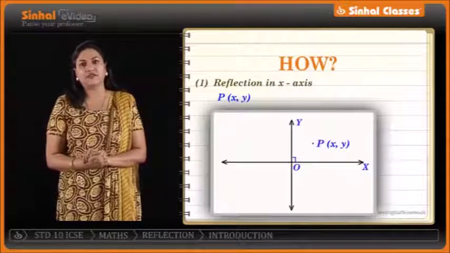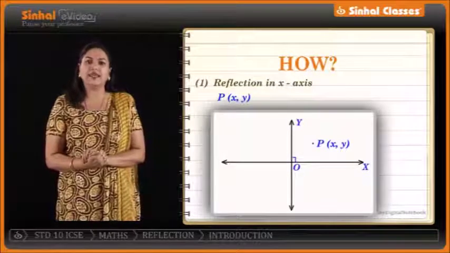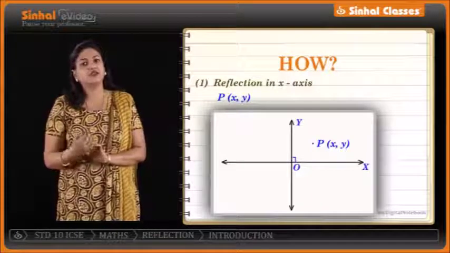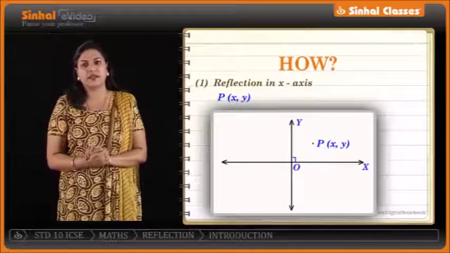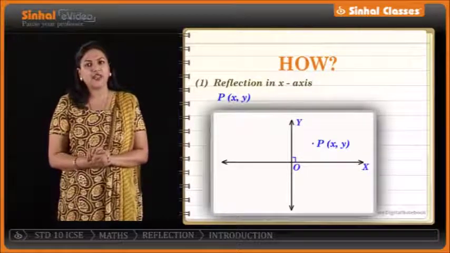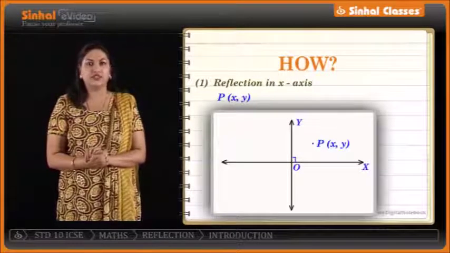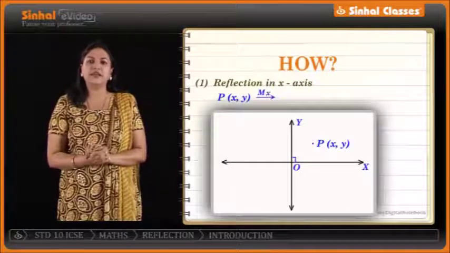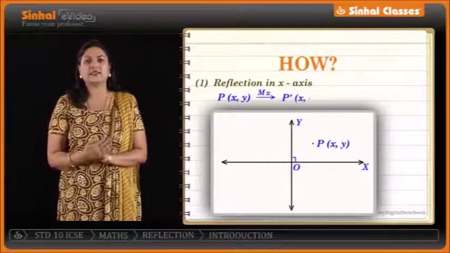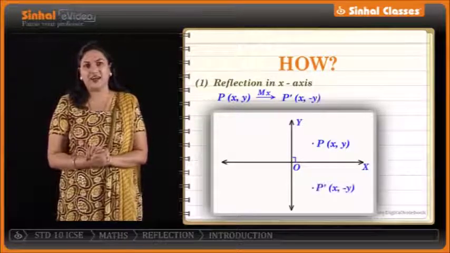Now we want to reflect this point P in the x-axis. So we will observe that the x-coordinate remains the same, whereas the sign of the y-coordinate will change. That is, we will have the reflected point P dash with coordinates as x, minus y.